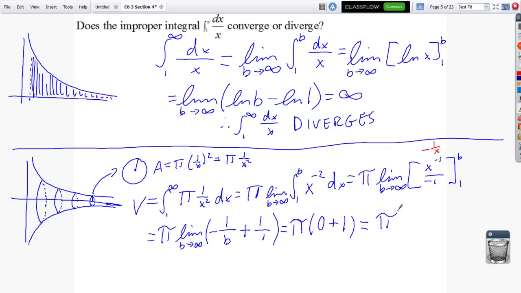So what we would say here, just to bring it back to actually the subject that I'm trying to teach you, not just what I would refer to as party trick math, we would say the integral that we were evaluating, integral from 1 to infinity of pi times 1 over x squared dx converges.